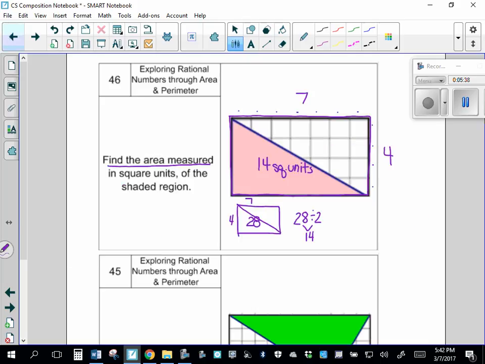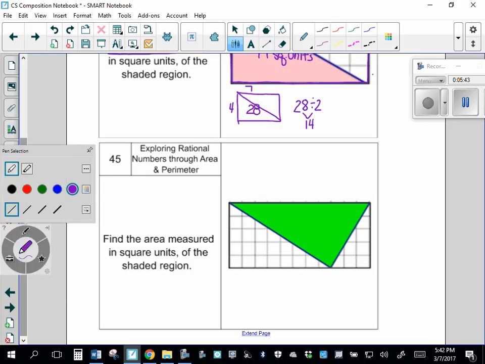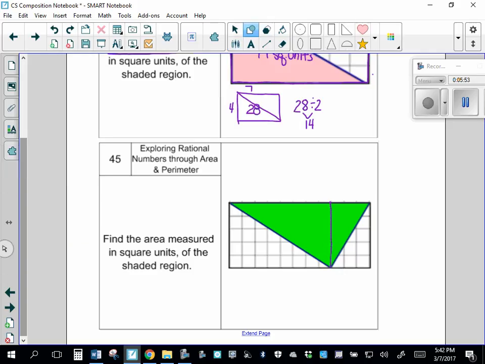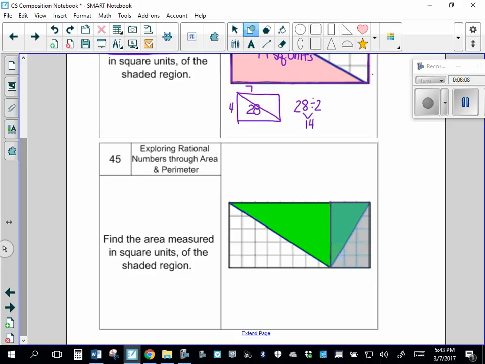Then we went back and did this green one. So I noticed that students, as I walked around the room, drew a line like that. And they thought of this as 2 rectangles. They looked at this rectangle here. Let's switch the color so you can see that better. And they just looked at that alone.